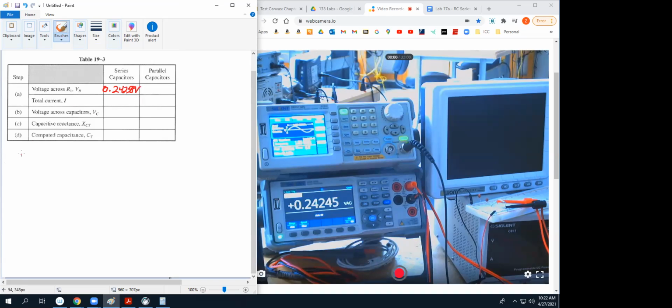The total current, how do we find that? Right, total current equals current through the resistor, which is voltage across the resistor divided by the measured resistance.